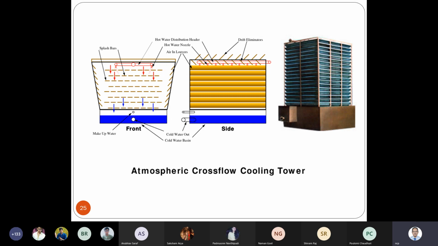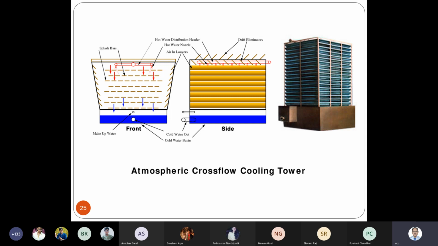And here the packing is basically wood grids. So inside, basically, there are these splash bars or wood grids. They are arranged crosswise, at one level this way, at the other level the other way, right? So in that way we get the regularly packed tower, that is, the atmospheric cooling tower.